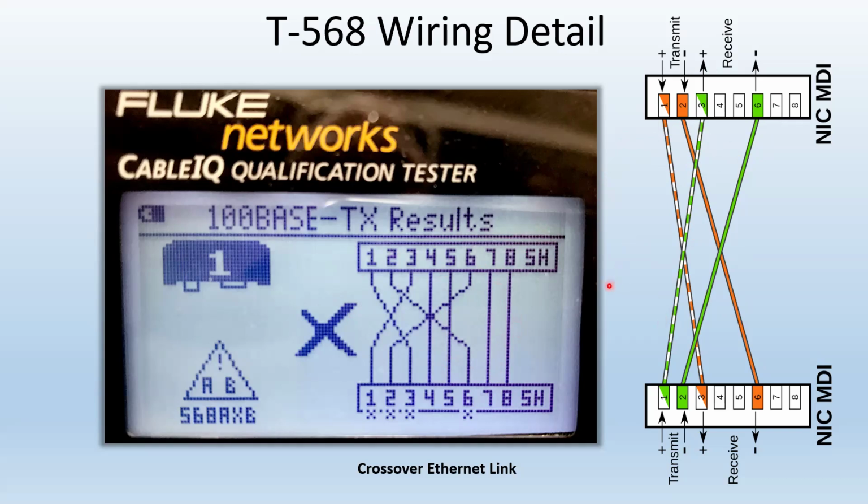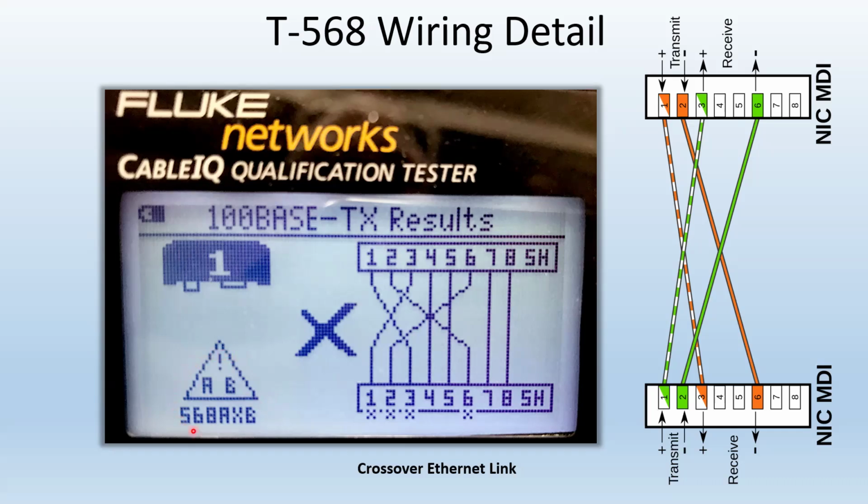In some data testers, when you press the test button, it's going to announce that the link has failed because it is testing for a straight link. But it is telling us how it has failed. So if you want to make a crossover cable, the connection has to fail a certain way.